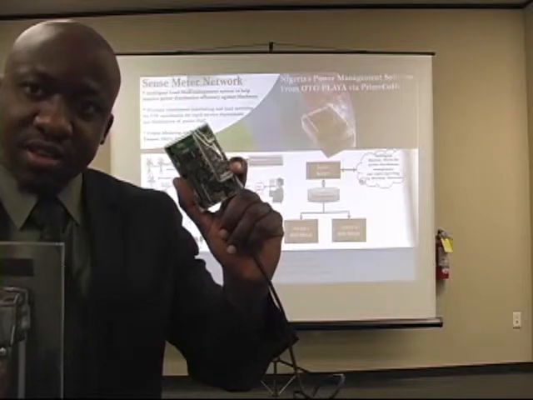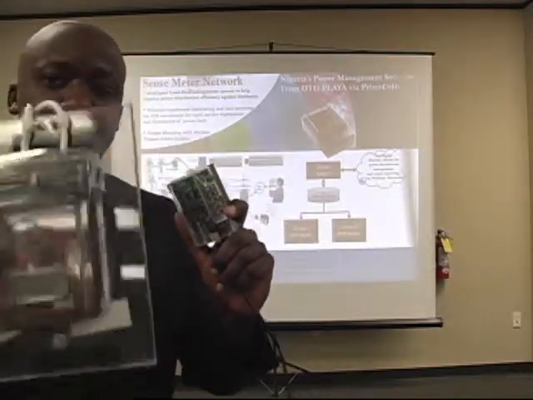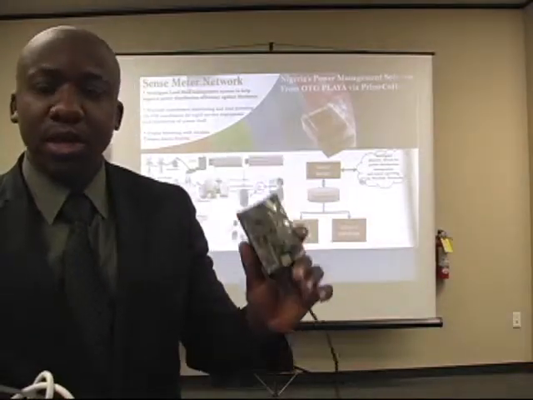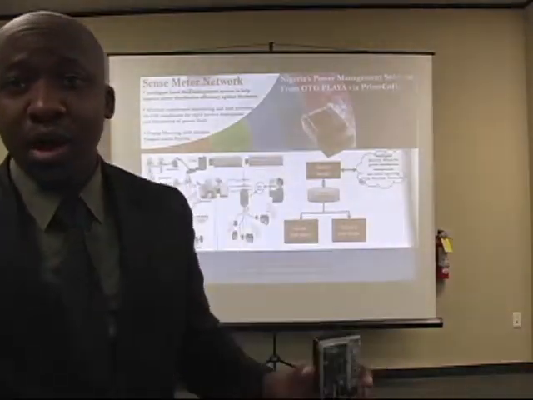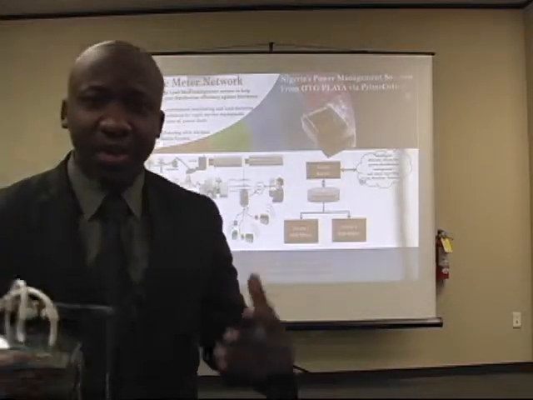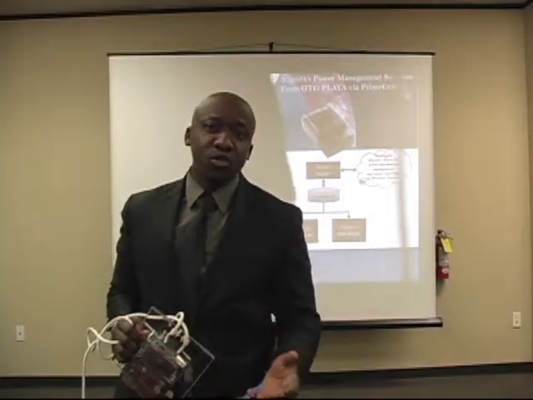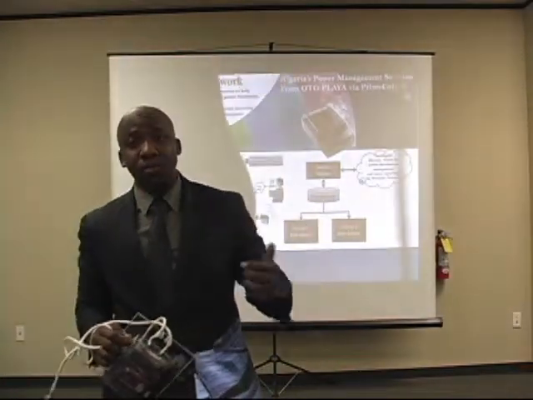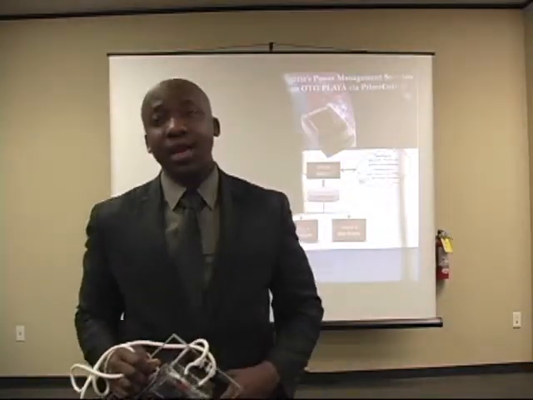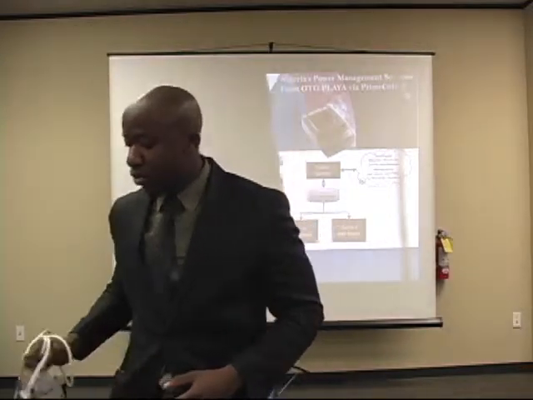So this sits at the pole, this sits at the house. This aggregates all the information from up to 100 houses to 1,000 houses. And those informations are aggregated and sent either real time or scheduled to be sent to the utility company for billing purposes, for load shared applications, for all kinds of applications that may be of interest to them.